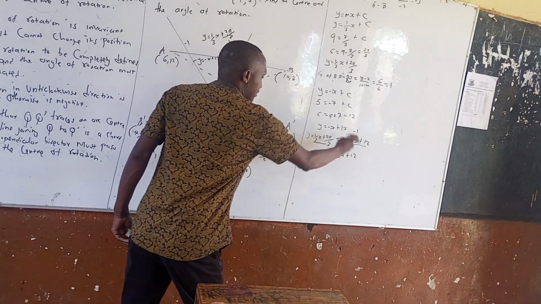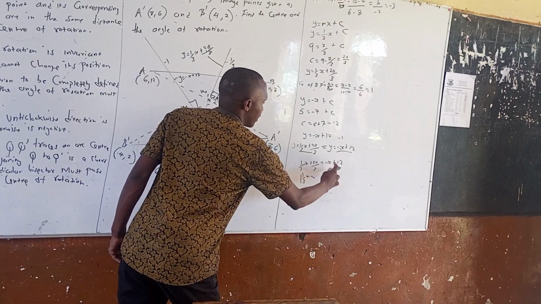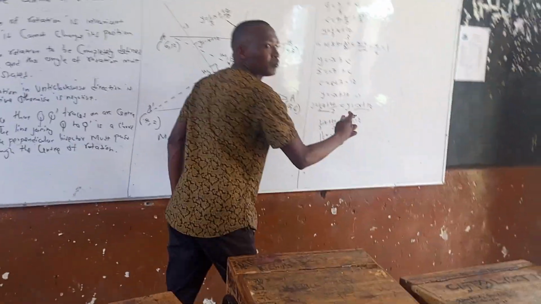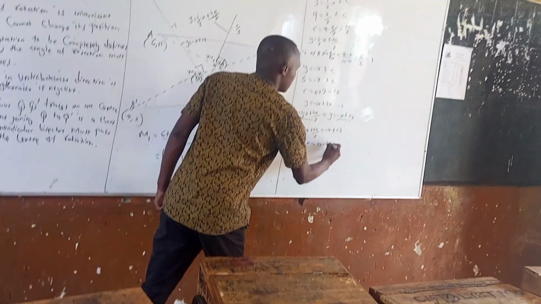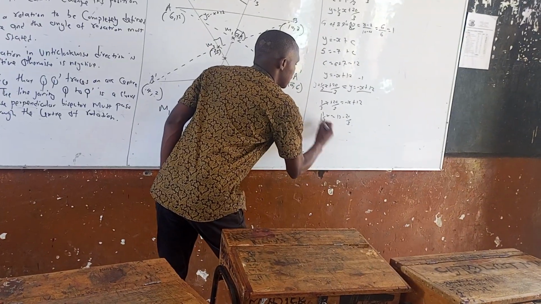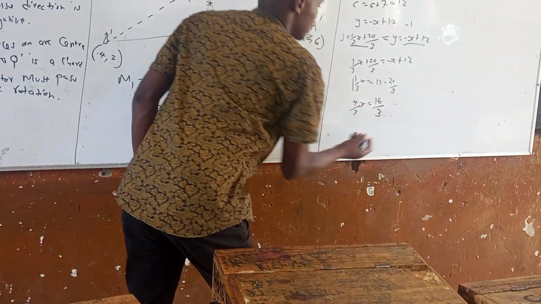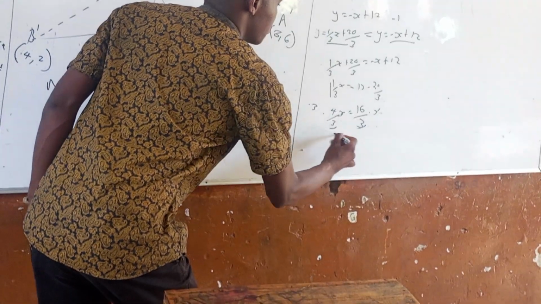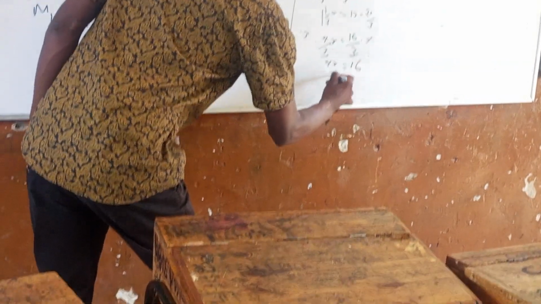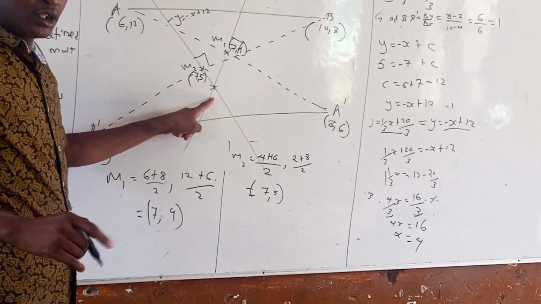Now, bringing negative x across the equal sign, 1 and 1 over 3 x, which is 4 over 3 x, will be the same as 20 minus 20 over 3, which is 16 over 3. Removing the denominator by multiplying by 3, we have 4x is equal to 16. So x alone is 4, so the x coordinate of the center of rotation is 4.